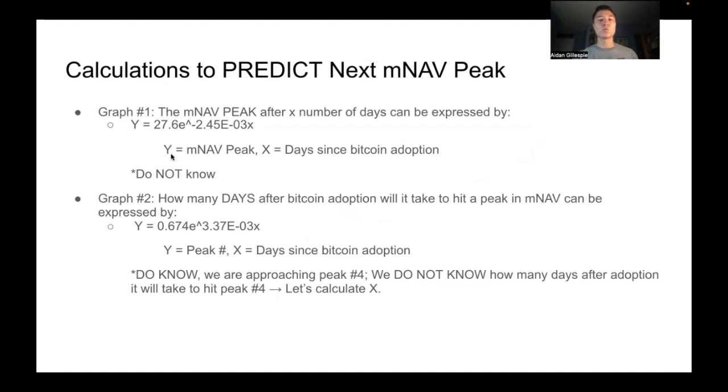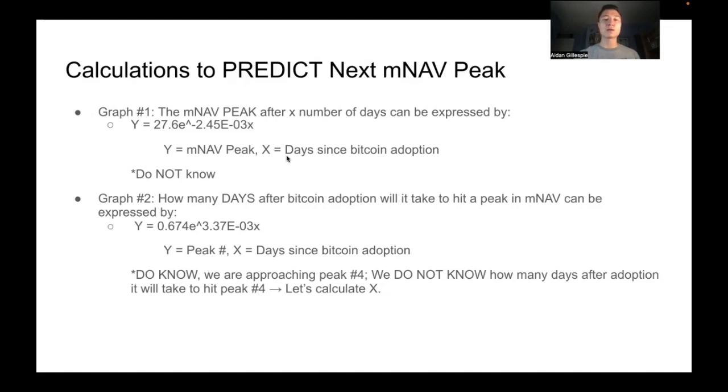In this equation, Y equals the MNAV peak and X equals the days since Bitcoin adoption. However, we do not know either the MNAV peak or the days since Bitcoin adoption. So we can't really figure this out unless we know either of these variables.